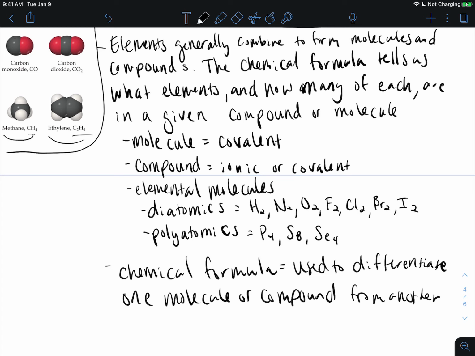So it's very important to make sure that you write out how many of each atom you have, every type of atom you have, how many of each you have in your chemical formula. And this is going to be different from this, so make sure that you know how many of each you have.